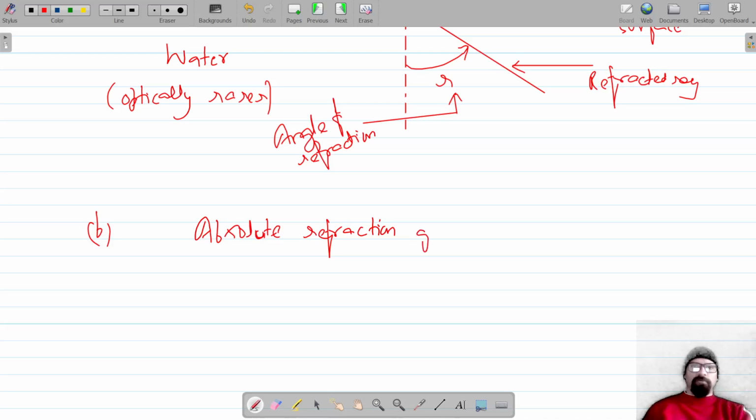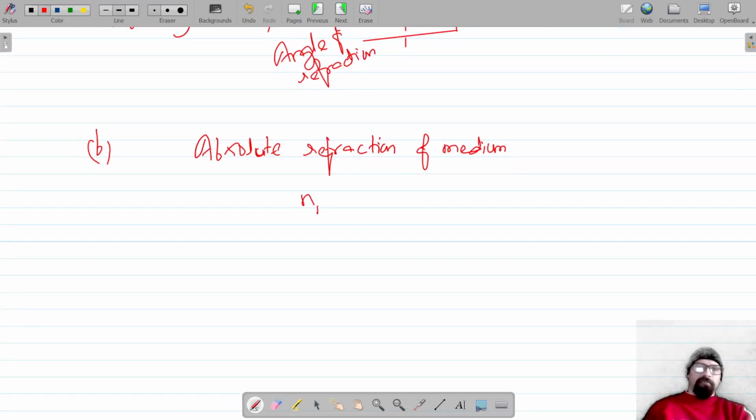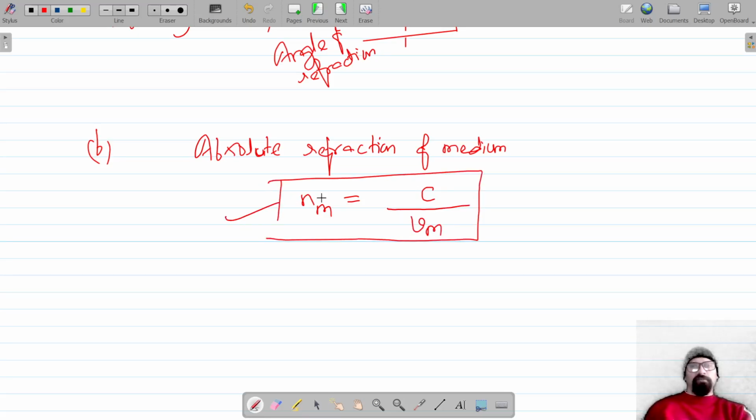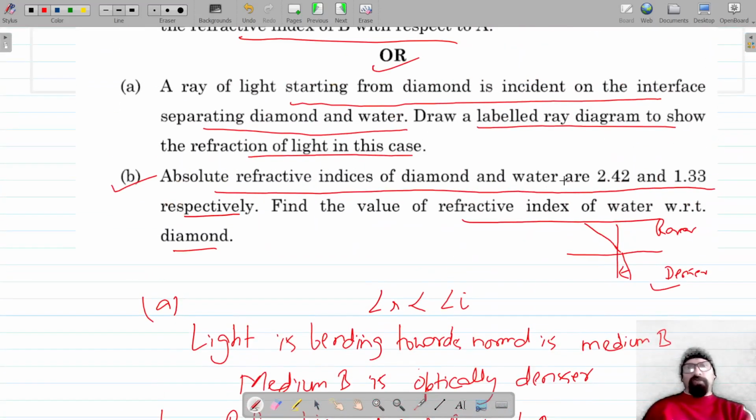We denote it by n_m, where m is the medium: n_m equals c, the speed of light in air or vacuum, divided by v_m, the speed of light in that medium. We call it the refractive index of that medium.